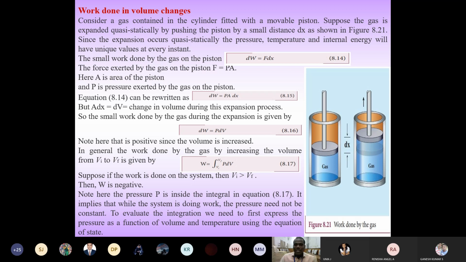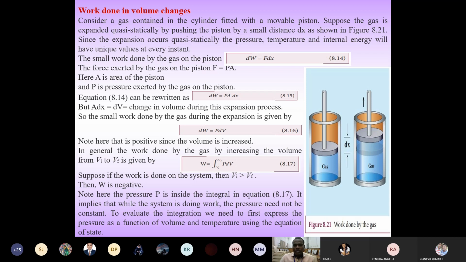So the small work done by the gas during the expansion is given by dW is equal to P dV. Note here that this is positive since volume is increased. Because volume is increasing, the value is positive.